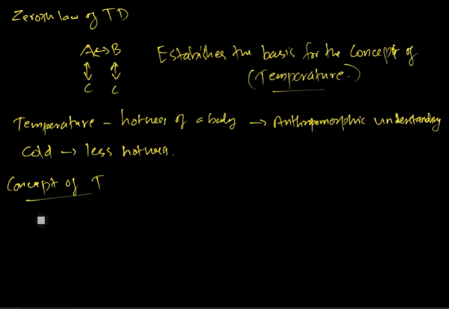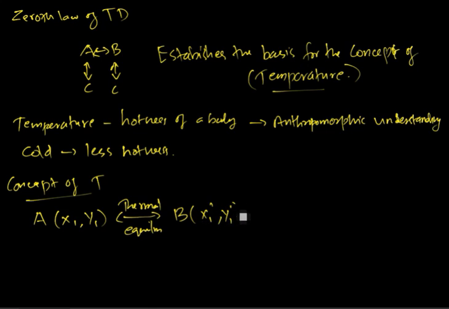consider two systems A and B. The system A is in the state characterized by the thermodynamic coordinates, say x1, y1, which is in thermal equilibrium with the second system B, which is in the state x1 prime, y1 prime.